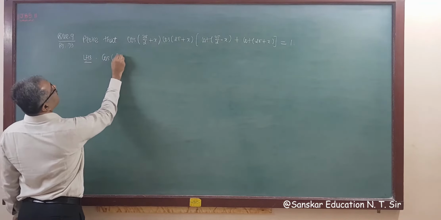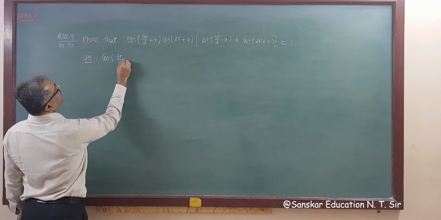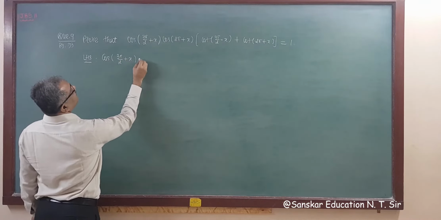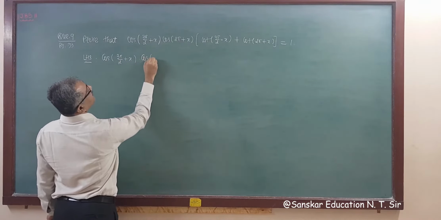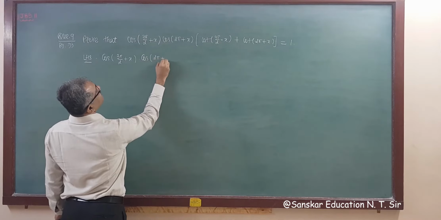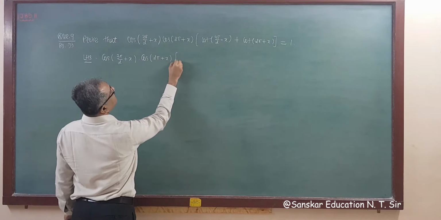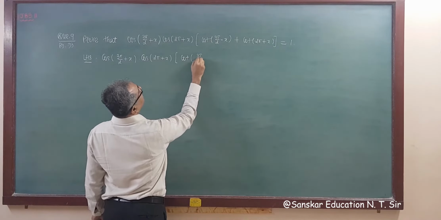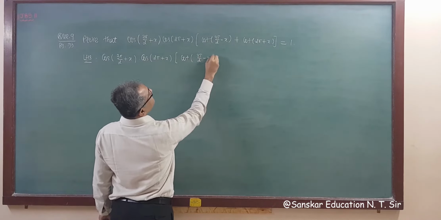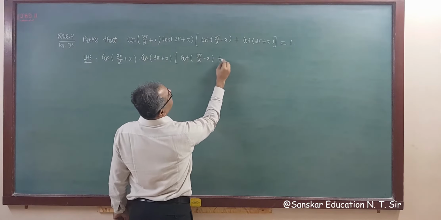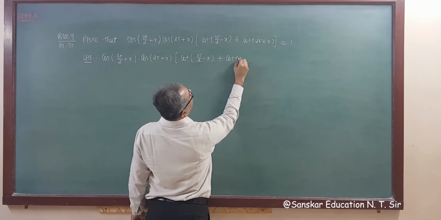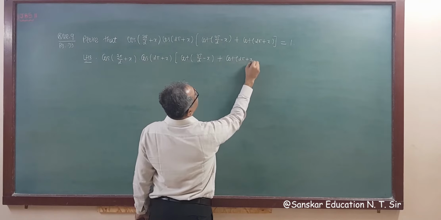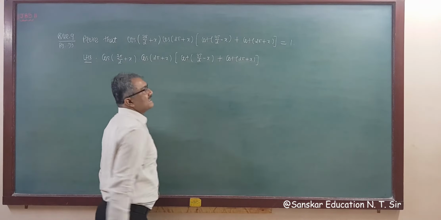Left hand side is cos(3π/2 + x) into cos(2π + x) into [cot(3π/2 − x) plus cot(2π + x)]. This is given.